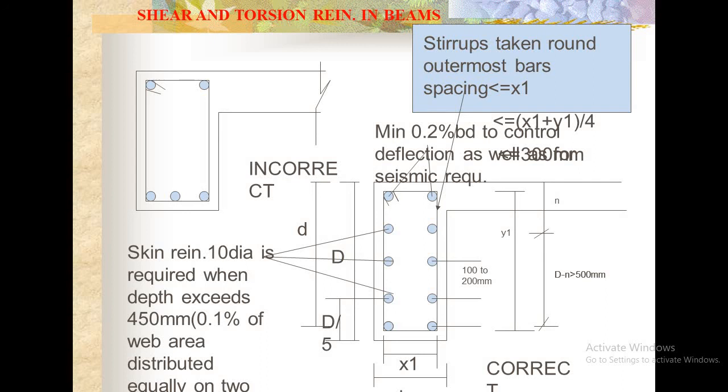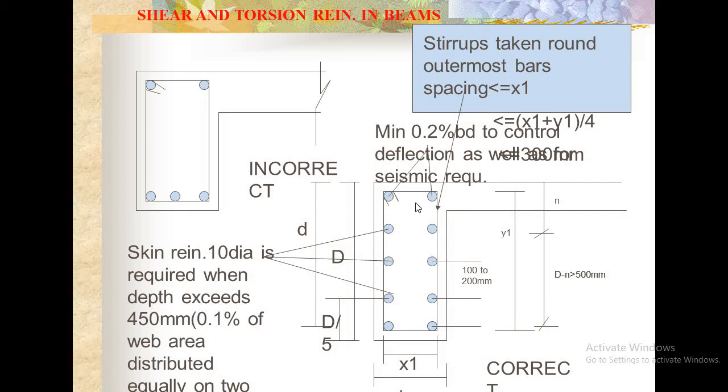Shear and torsion reinforcement in beam. Actually, the skin reinforcement of 10 mm dia is required when the depth exceeds 450 mm. It is 0.1% of the web area, distributed equally on both faces.